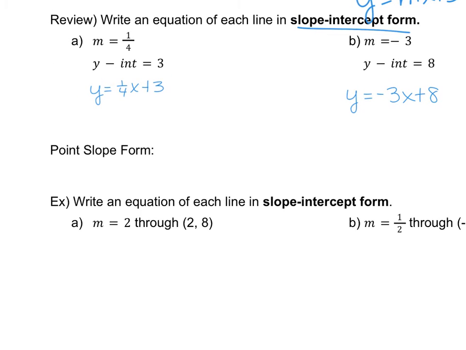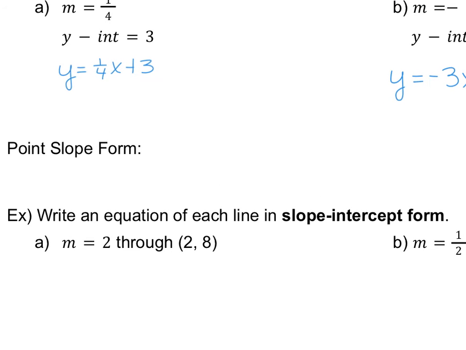All right, so now let's talk about point slope form, and this does come in handy sometimes. There's instances. So here it is. It's y minus y1 equals m parentheses x minus x1. Okay, so let's talk about it.